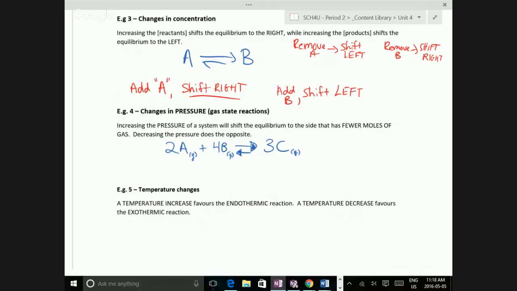What if I decrease the pressure? Now Le Chatelier's principle tells me that the reaction will try to increase the pressure. In which case, here it will shift left. So if I increase the pressure, it's going to shift to the side that makes less gas to try to counteract what I've done. If I decrease the pressure, it's going to try to increase that pressure by shifting to the side that makes more gas.